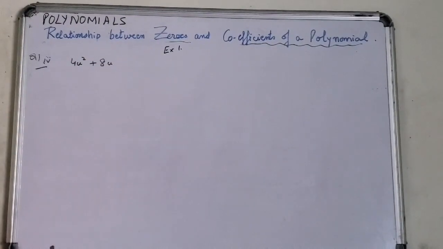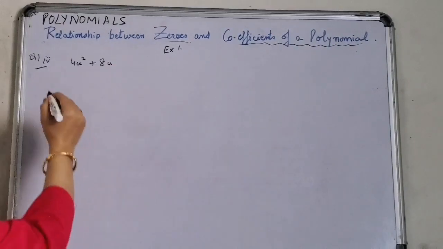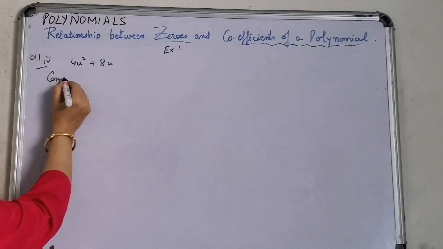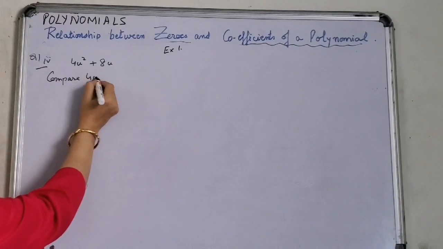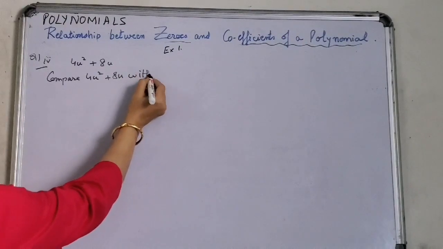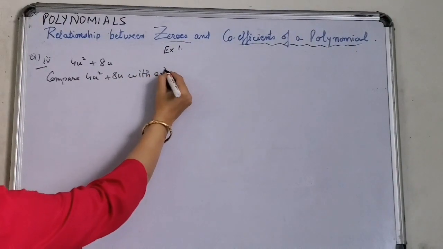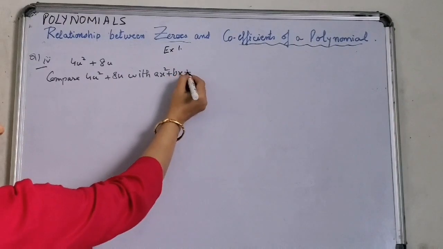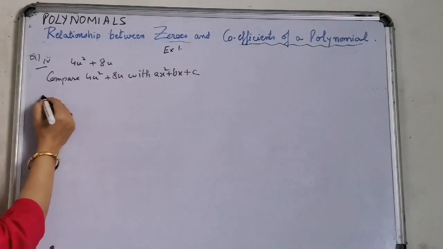So first of all, I am going to find out the coefficients. Compare 4u square plus 8u with the standard polynomial ax square plus bx plus c. So what do we get? We get a is equal to 4.